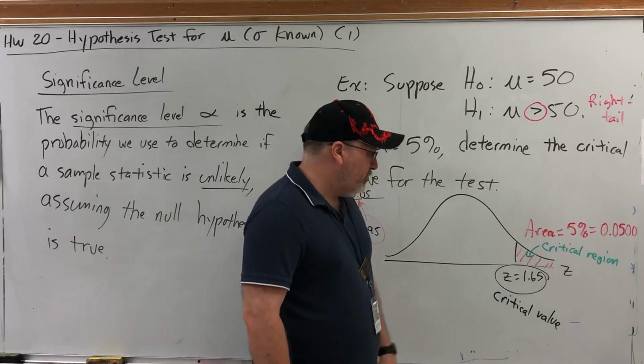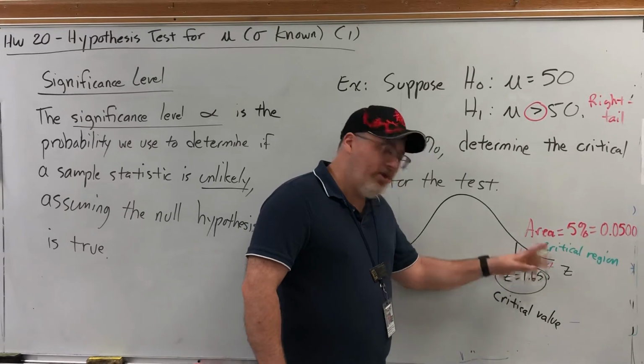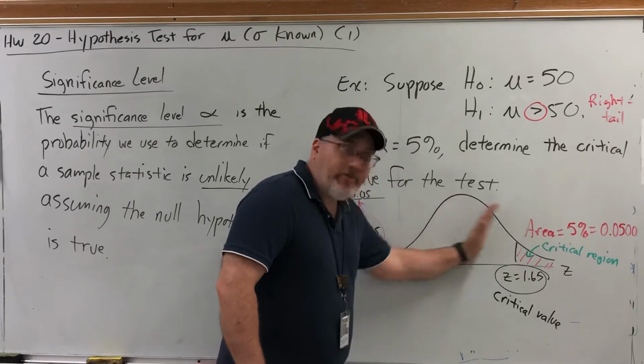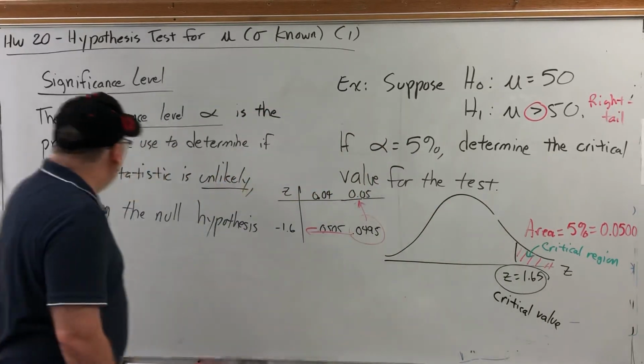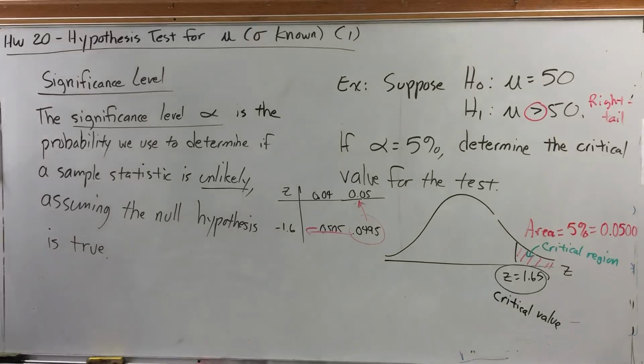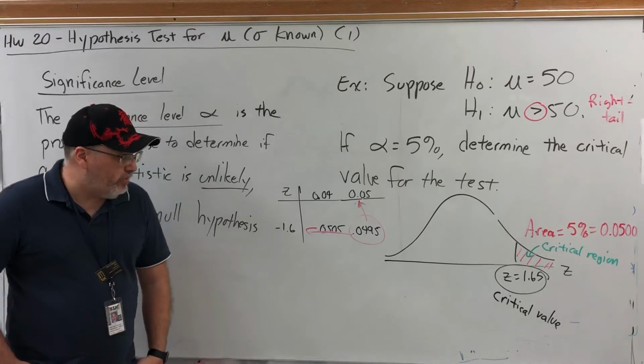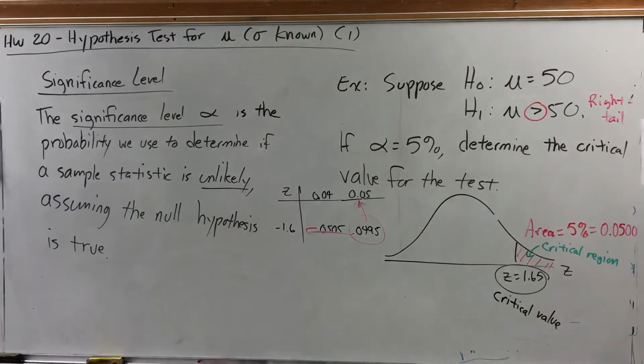In those textbooks that call the critical region the rejection region, the part over here is called the non-rejection region. We'll do one more example of transforming a significance level into critical values to separate critical regions from the rest of the curve before we get into the procedure for conducting a hypothesis test.